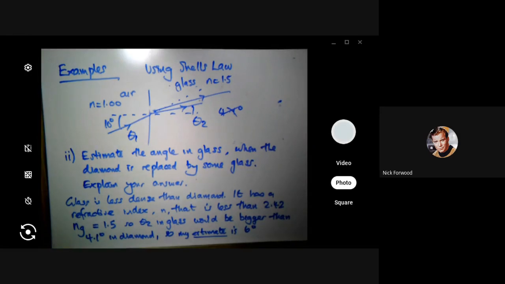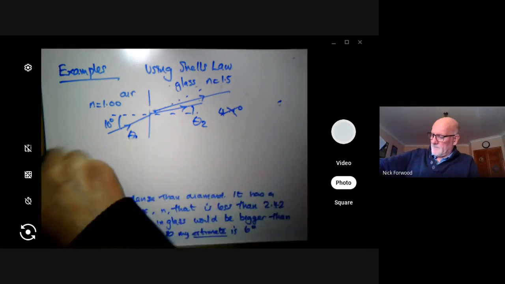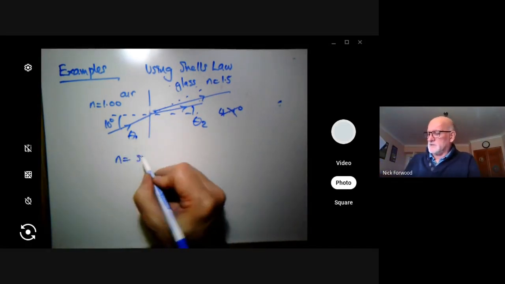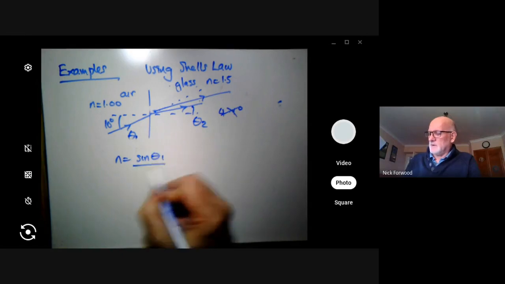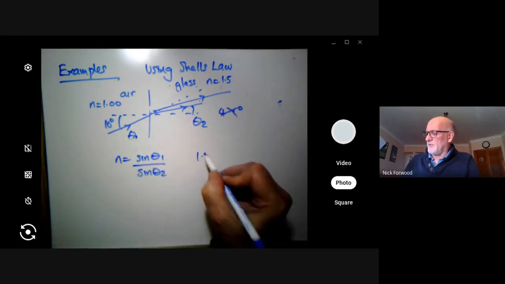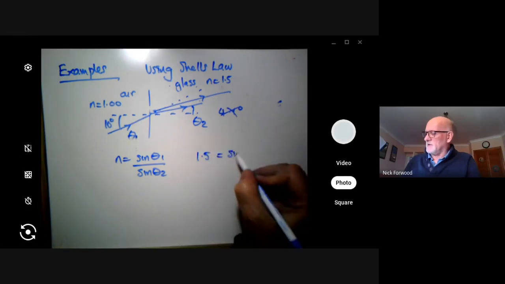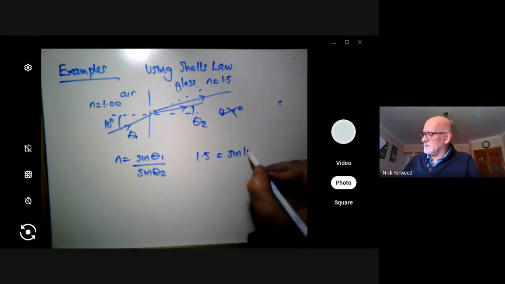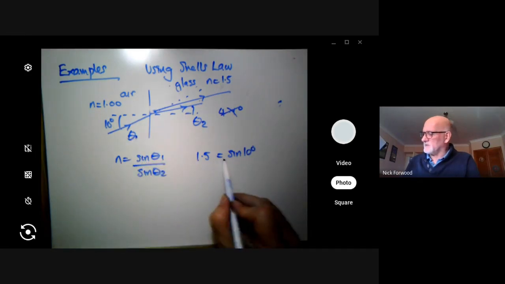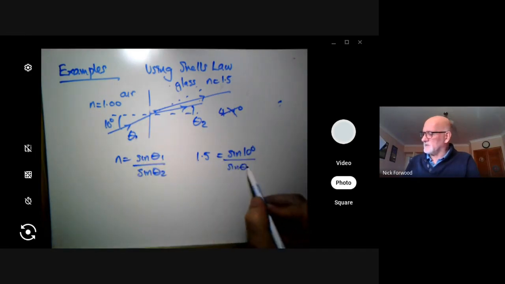Now you could, of course, go back and actually work it out. There's nothing to say you don't have to work it out, because then what you would do is n equals sine theta 1 over sine theta 2, and you'd have 1.5 equals sine of 10 degrees. That's the angle going in, still the same, sine theta 1, over sine theta 2.